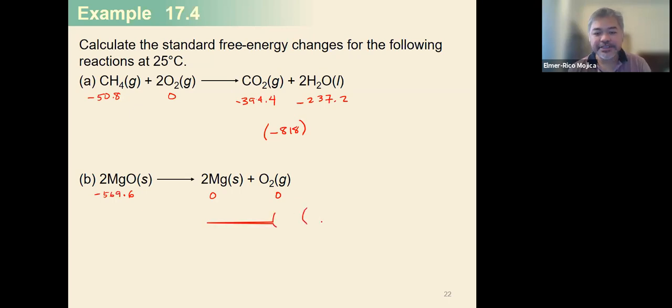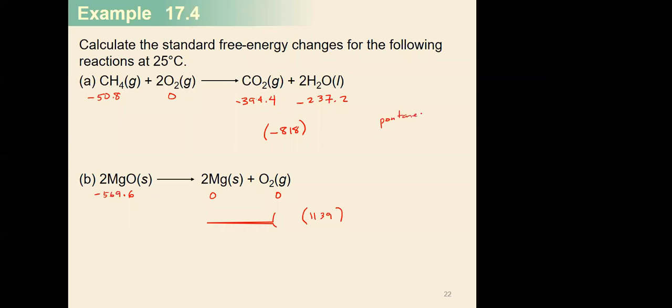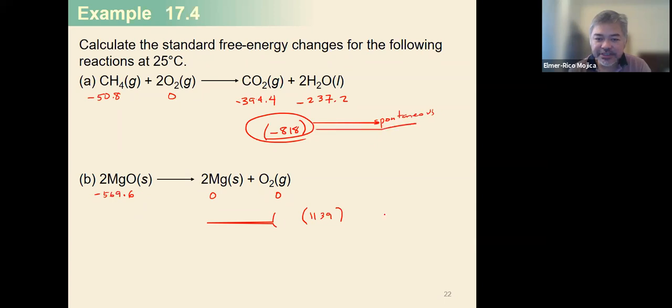So how do we interpret this? The first one is what? Spontaneous or non-spontaneous? The first one is spontaneous. Since you have a negative value there, that's a spontaneous reaction. What does it mean? This reaction will happen on its own. Now the second one, it's a non-spontaneous reaction.